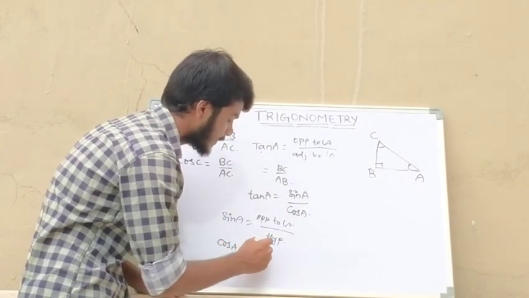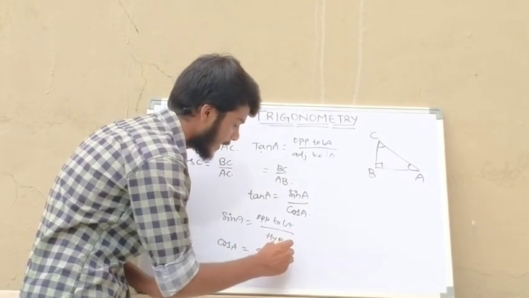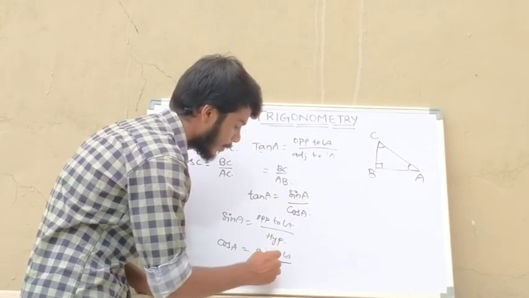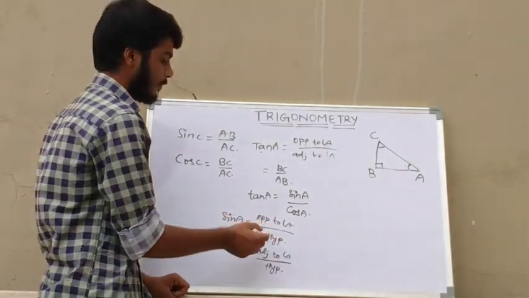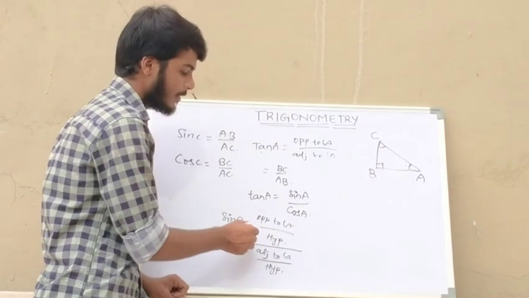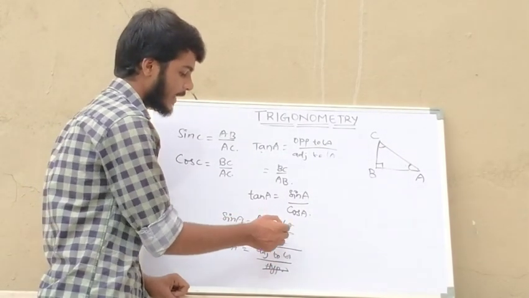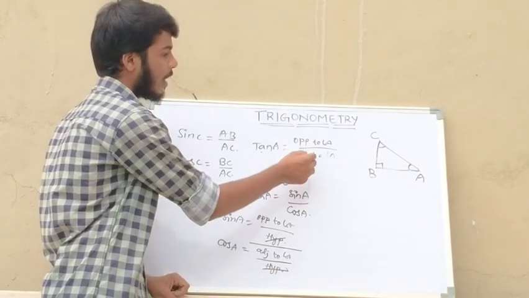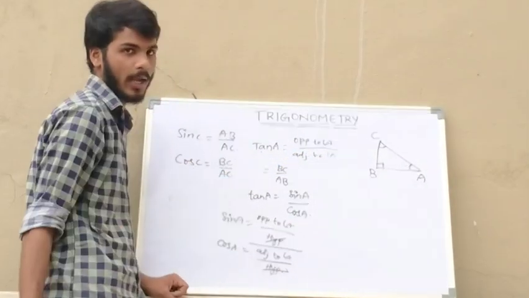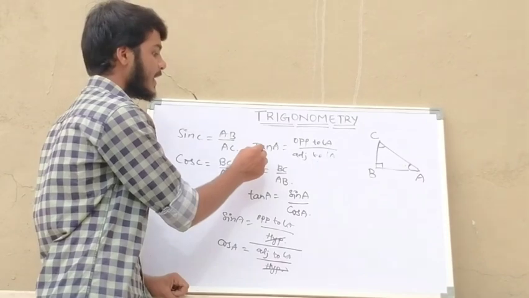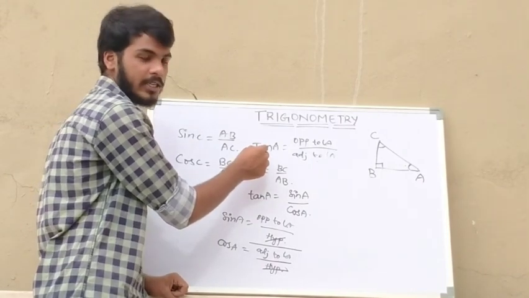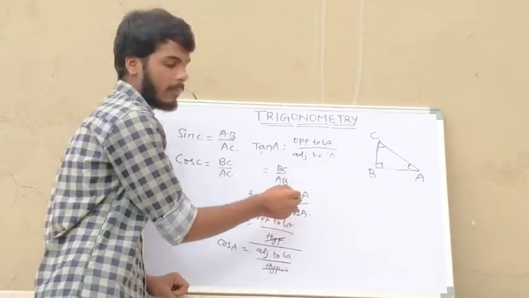Cos A equals adjacent to angle A by hypotenuse. So if you take the division, hypotenuse gets cancelled. The remaining is opposite to angle A by adjacent to angle A. So tan A in the form of sin A and cos A is tan A equal to sin A by cos A.